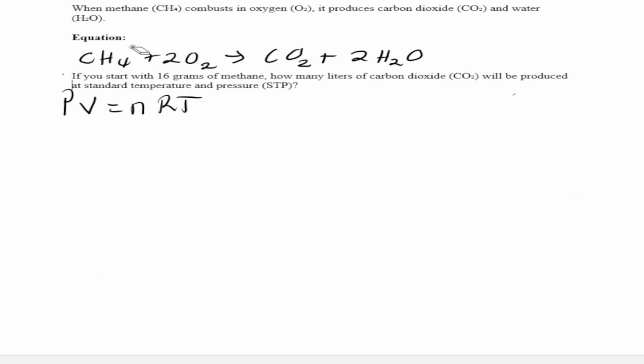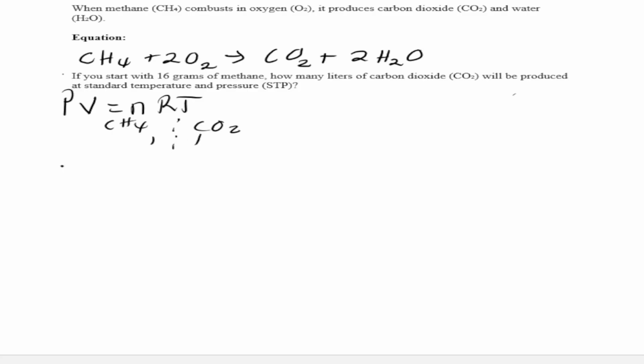All right, now we're gonna continue. Now we see that it's 1 is to 1, which is CH4 is to CO2. That's 1 is to 1.